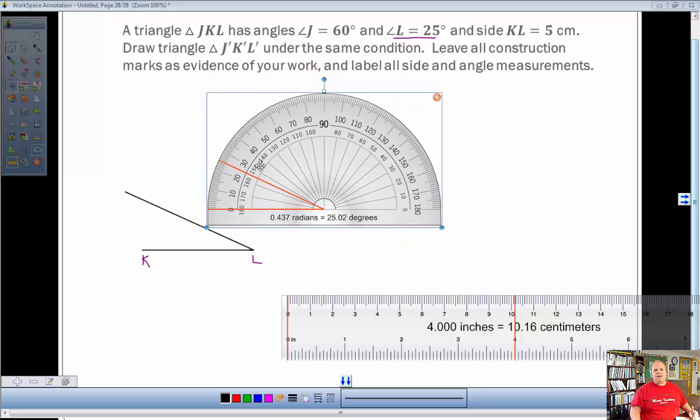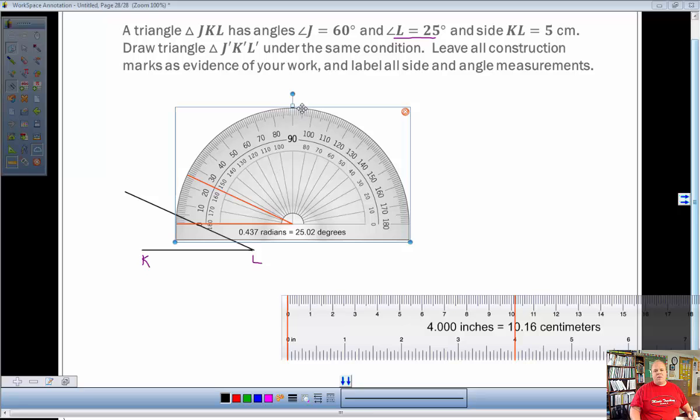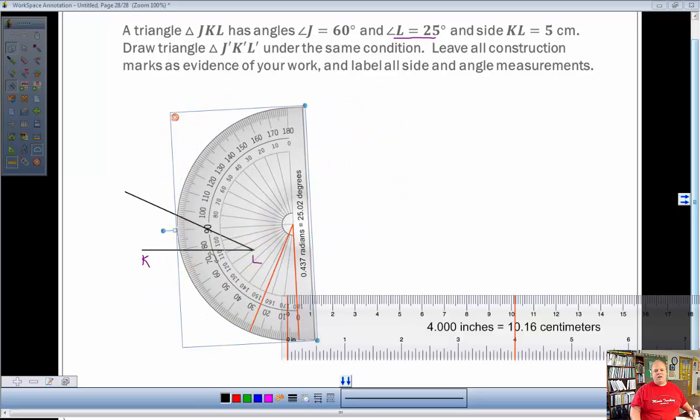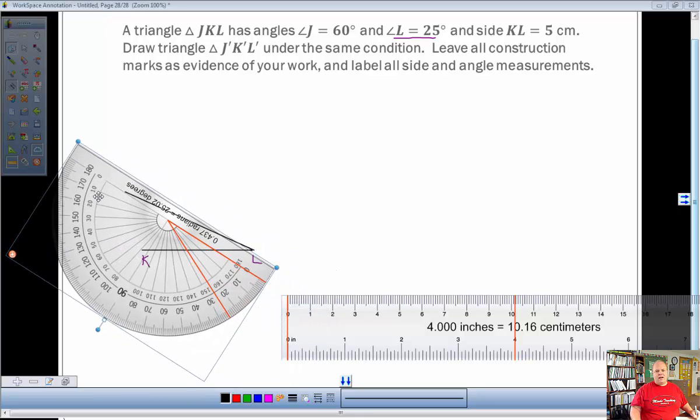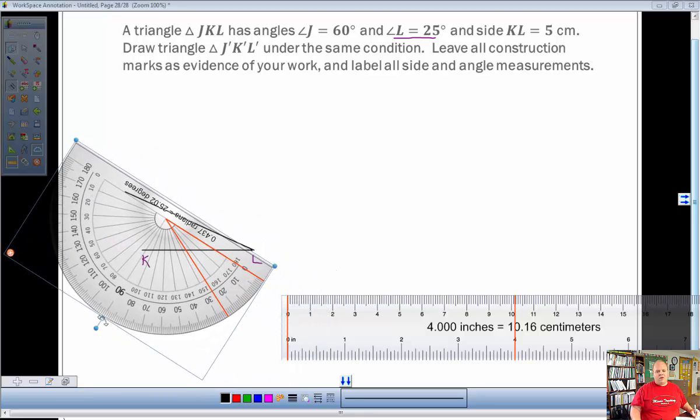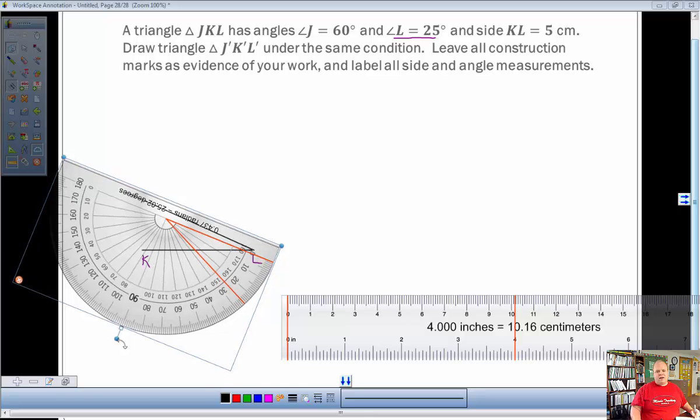Now I need to draw angle J, because that's what this next one is, and it's going to be 60 degrees. So I'm going to flip my protractor around here, okay, so that I can work with it on the opposite side.